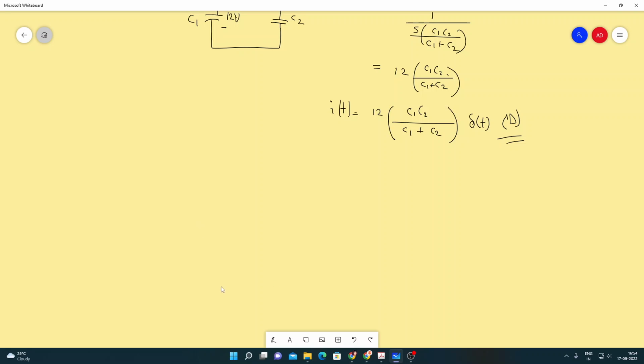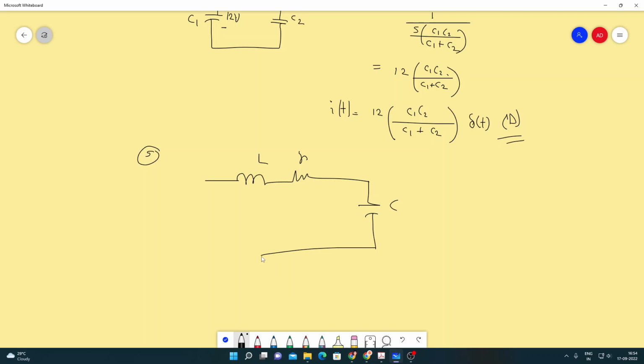So how to do this kind of problem? We have inductor L, R and C. And let's say we have a unit step u(t).